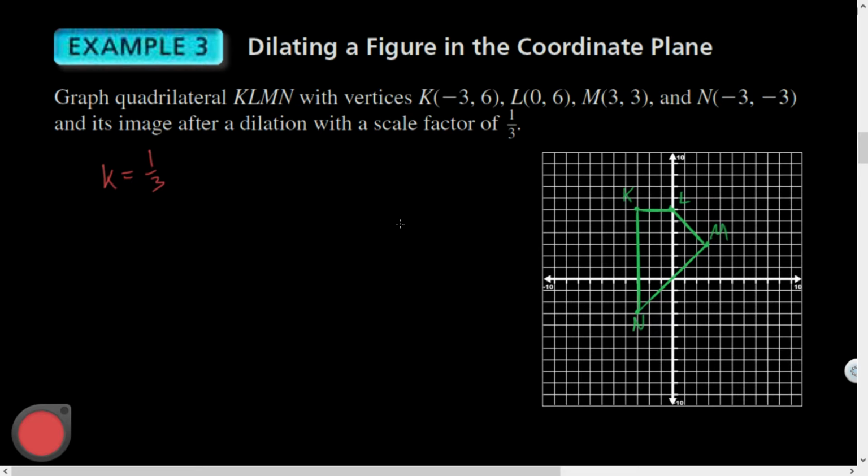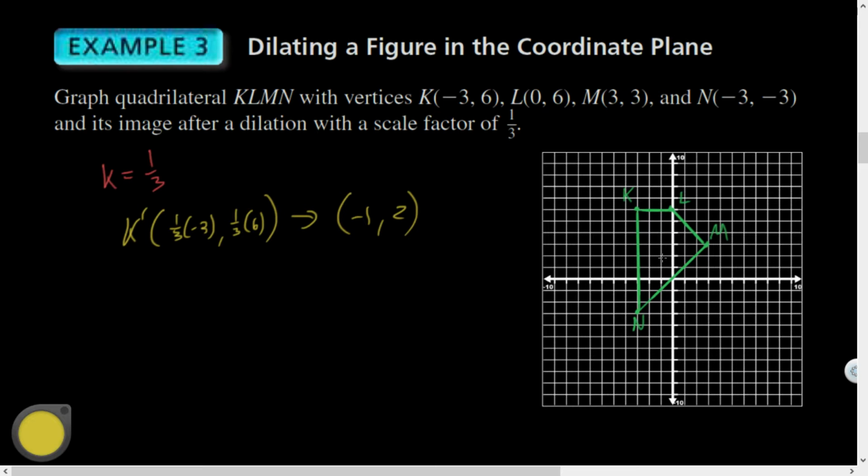All right, let's deal with a few of these points and see what happens. Maybe we won't do all of them. So if I want to find K prime, it will be 1/3 of -3, comma 1/3 of 6. Hey, how convenient of them to have given us all coordinates that were divisible by 3. So this would be -1, 2.